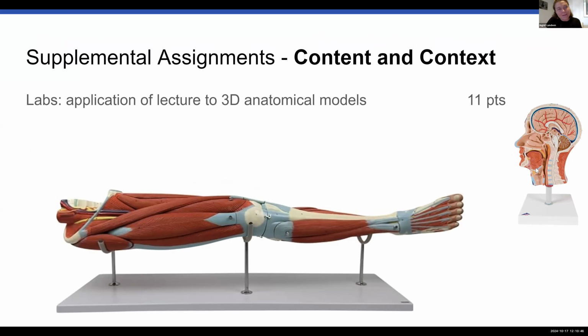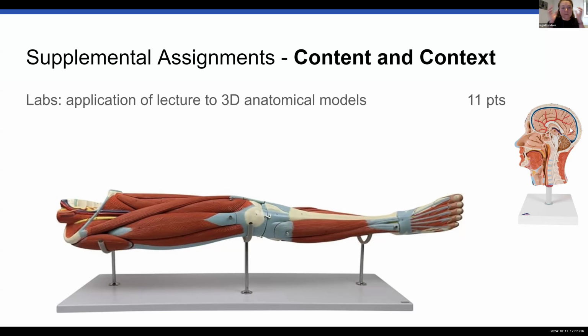These were stressful in a fun way: you're working with a team and you have 5 minutes to identify 5 different things on this model, and everybody's freaking out, and there's not really time to second guess. So you're really trying out different answers and feeding off each other and growing from that spirit of collaboration. That was one thing that I was really excited to be doing, and this is frequently used in anatomy classes.